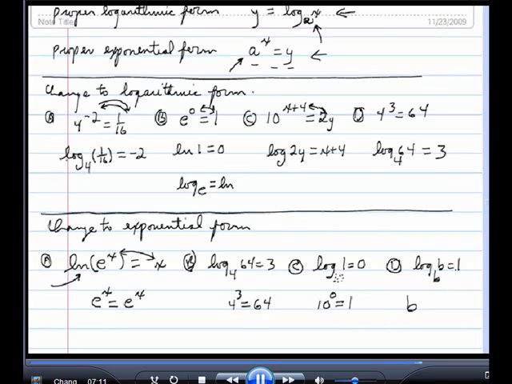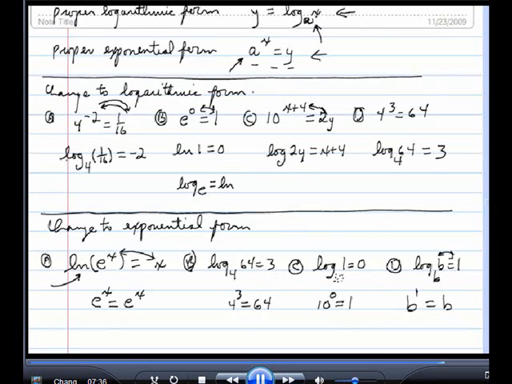I want to switch the 1 and the b, so this 1 and this b. I want to switch those, so this b will go over to the right, and where the b was above the b, now the 1 will be above the b. We get b to the 1 equals b, and that is correct. And there's kind of a structural way to change from logarithmic to exponential form.